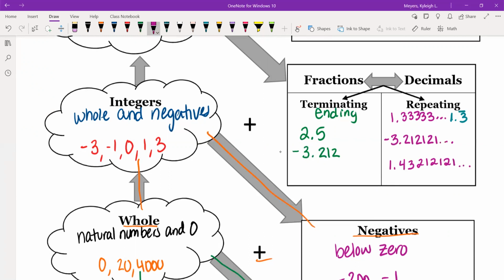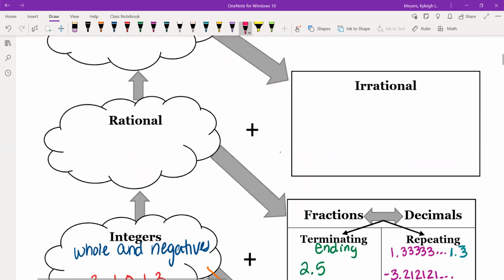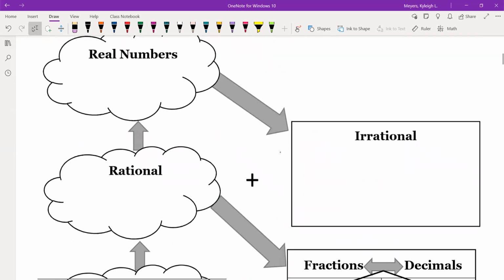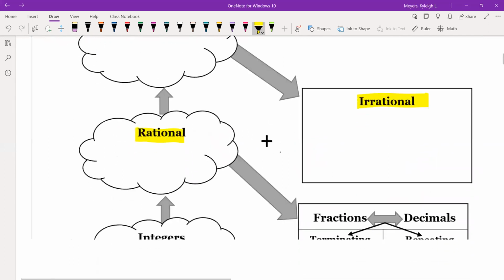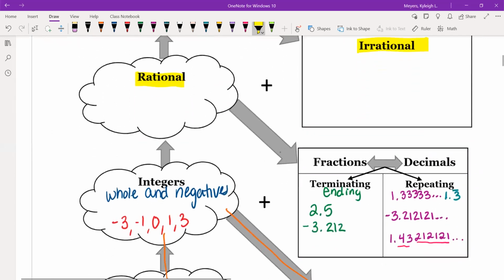Sometimes repeating numbers might have different numbers in the beginning, but the rest of it is the same number over again. So fractions and decimals are all introduced in rational or irrational numbers. Certain decimals are rational and certain decimals are irrational, and we'll get more into that next unit.